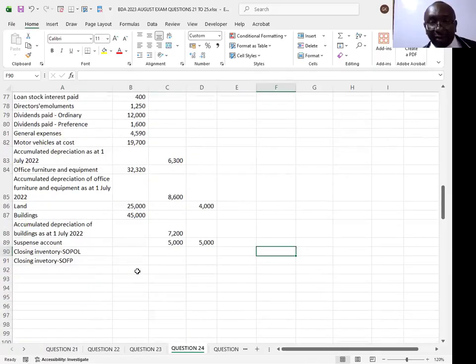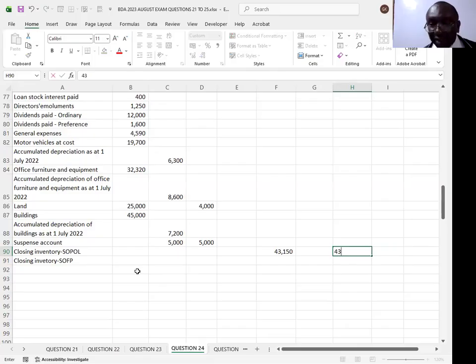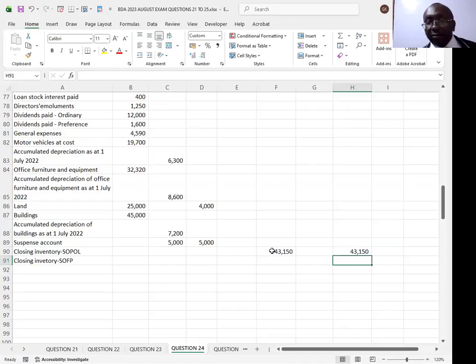So let me go check how much that amount is. 43,150. So I come here and I credit 43,150 in the adjustments. And then I also credit it here in the statement of profit or loss. This one now I need to say equals. I take this so that I start creating the audit trail. Then I come and debit here, the one that will go to the statement of financial position.